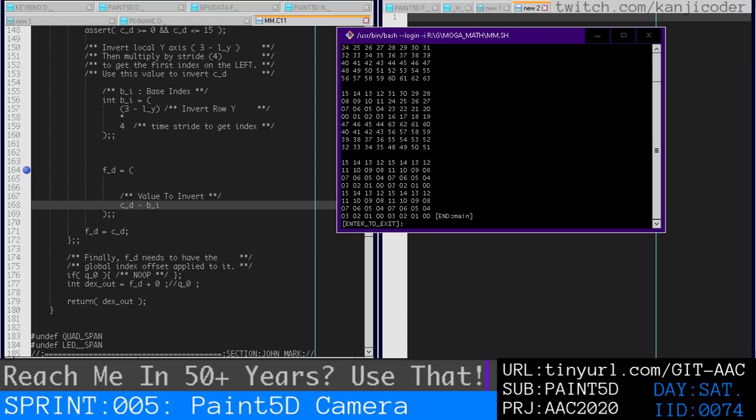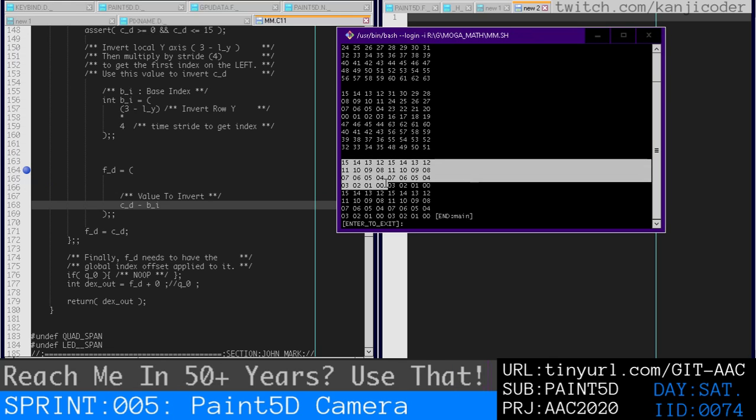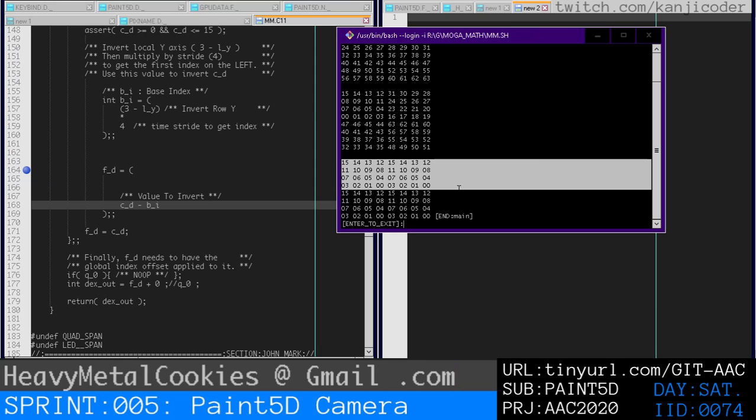So on here, 0, 1, 2, 3, 8, 9, 10, 11. So we're off. Zero, 1, 2, 3 is good. But then we got 8, 9, 10, 11. Why is that? So the base index seems to be off by a factor of 8.